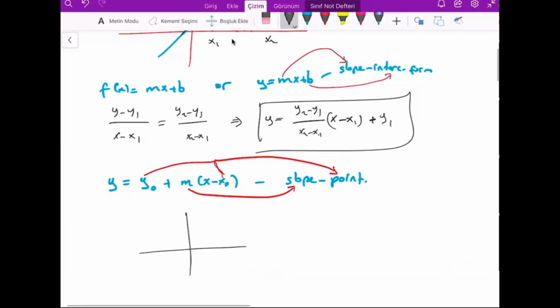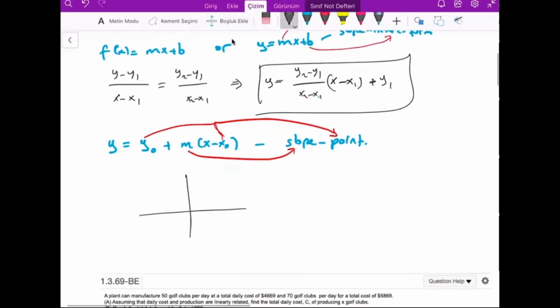The time is almost finished because I want to solve some questions. For example, this point is (x0, y0), and you know the slope. According to the slope, you can sketch this line. The point is on the line, and the slope is m.